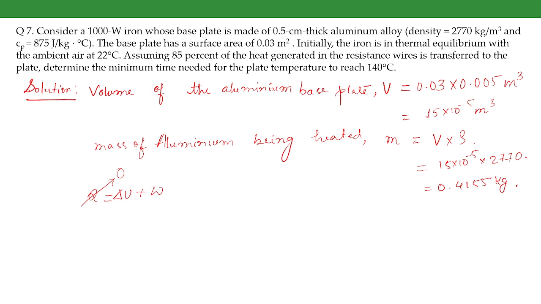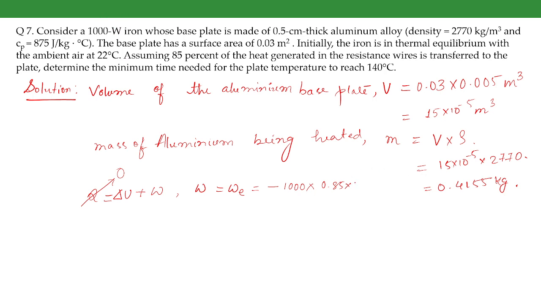And W is the electrical work input into the system by the resistance wire heating or the power supply. So this is W electrical, and this is minus 1000 watt into 0.85. This is 1000 watt, that is joule per second, the energy supplied per second.